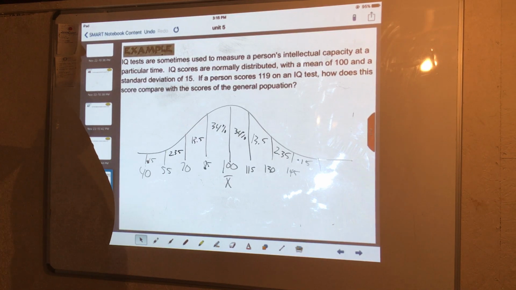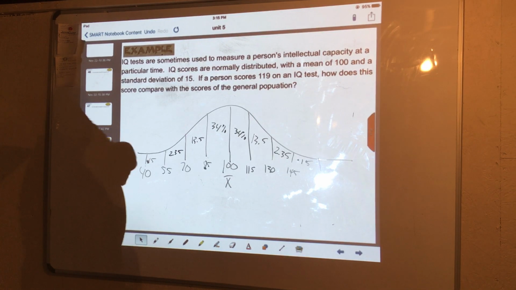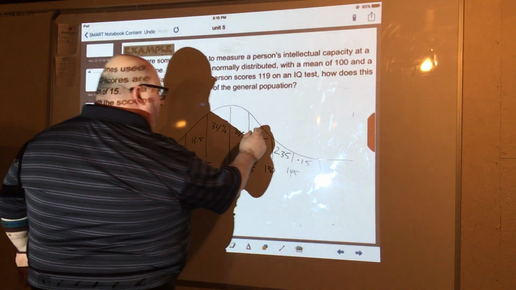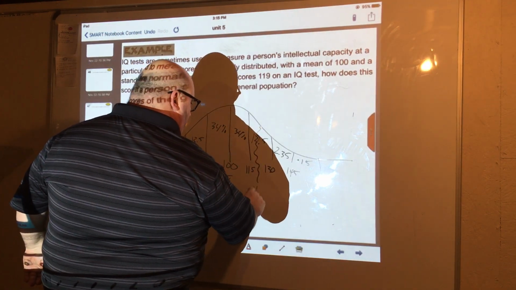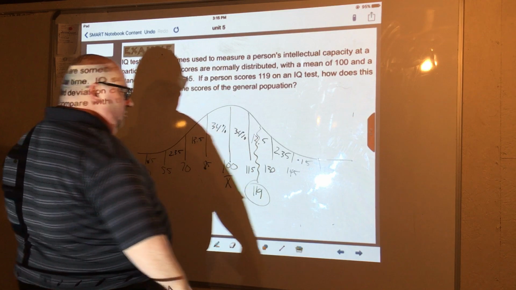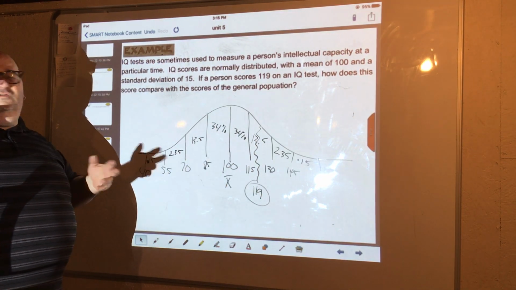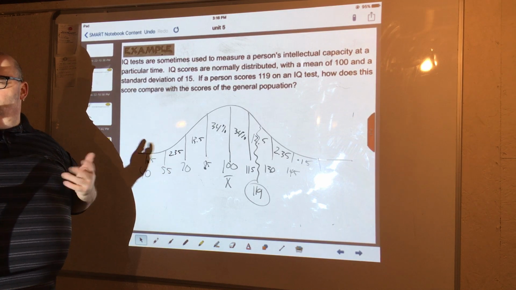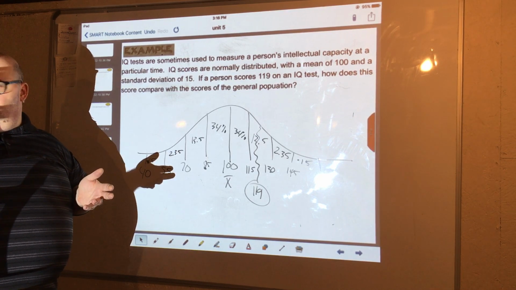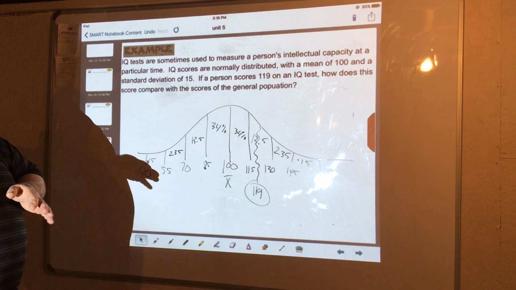If a person scores 119, how does their score compare to the general population? There are a couple of ways we can look at this.